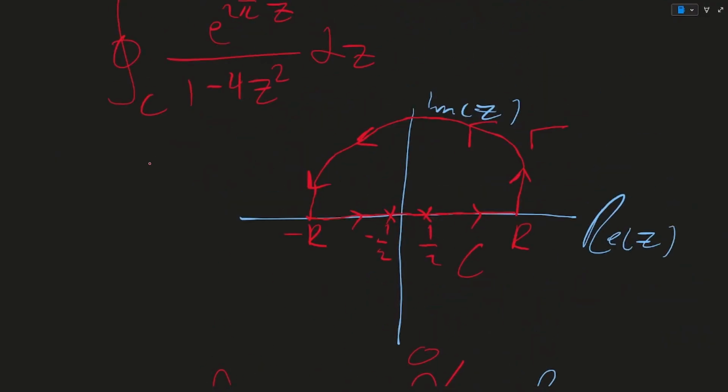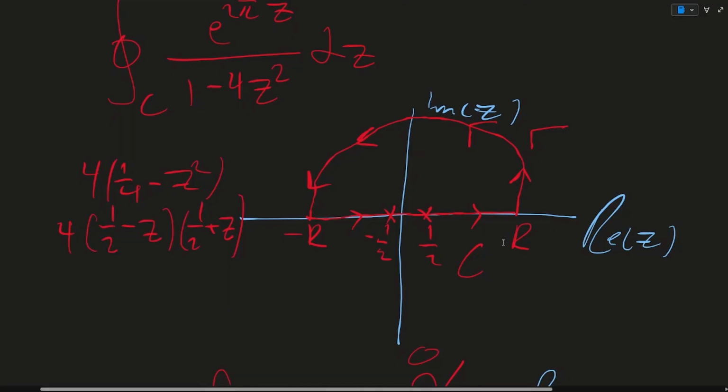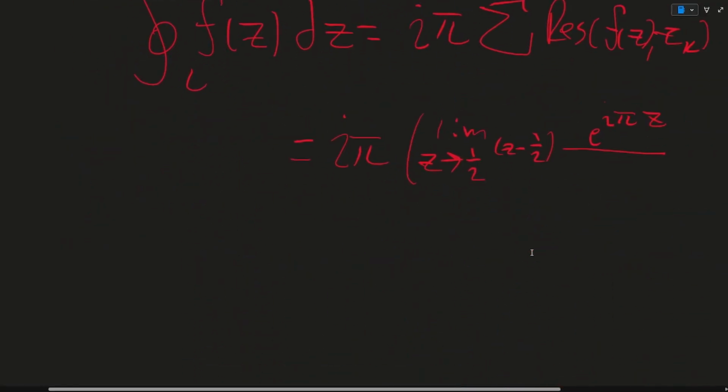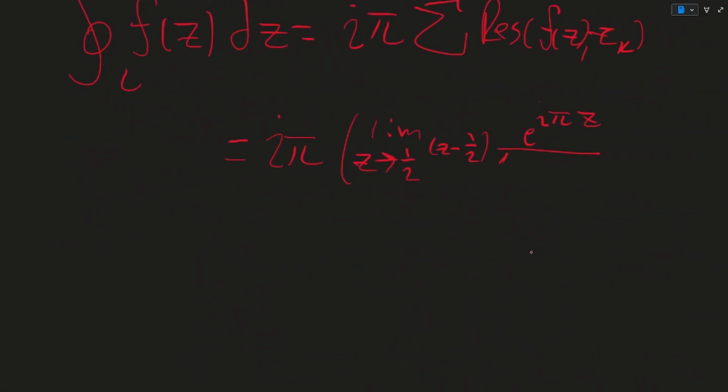minus z squared, which then simplifies into 1/2 minus z times 1/2 plus z. Perfect. Now we have 4 times 1/2 minus z times 1/2 plus z.